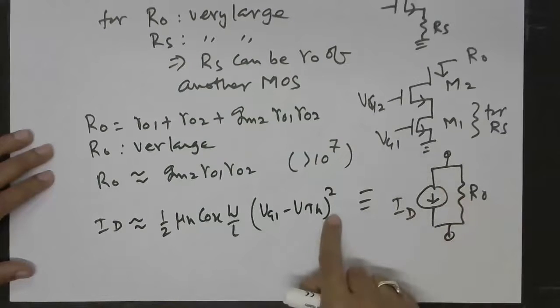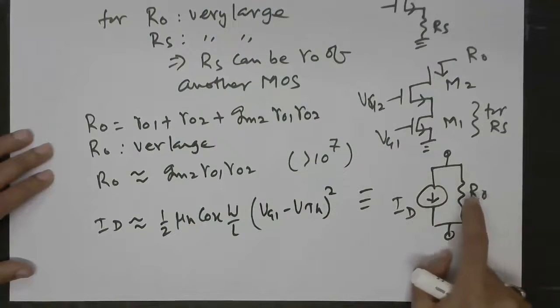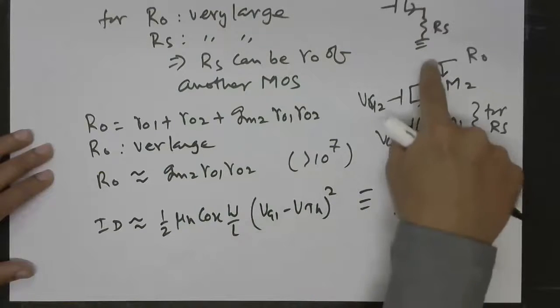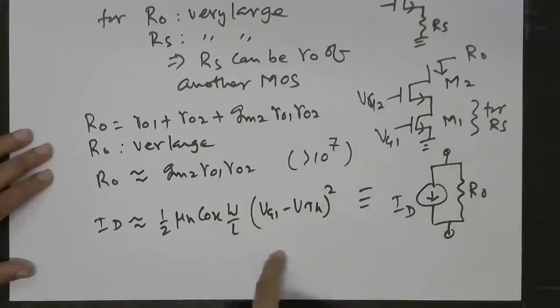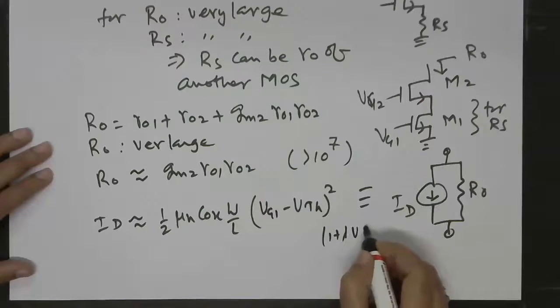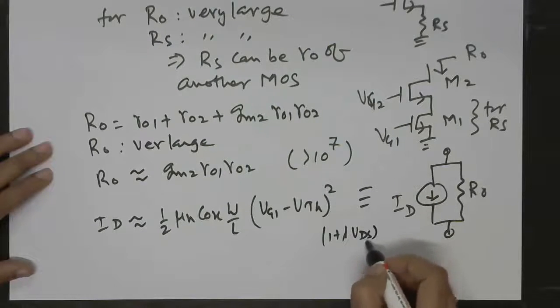So here, the same current will flow through both the MOS. So the net current that will flow through this configuration is going to be given by this, and actually there will be a factor 1 plus lambda VDS also.